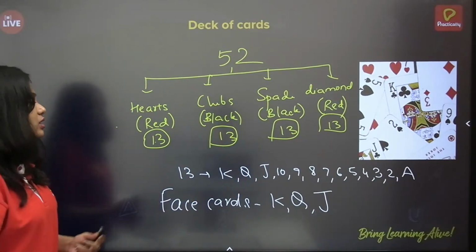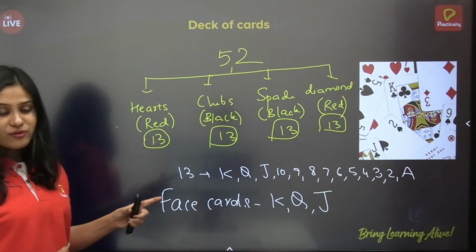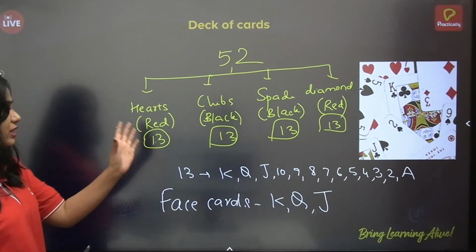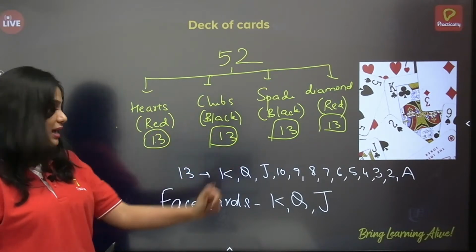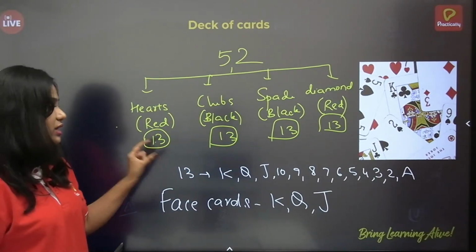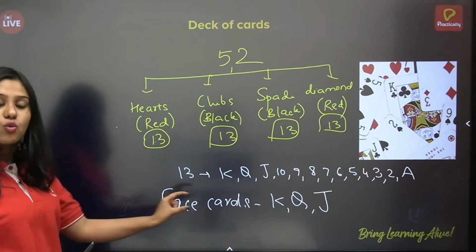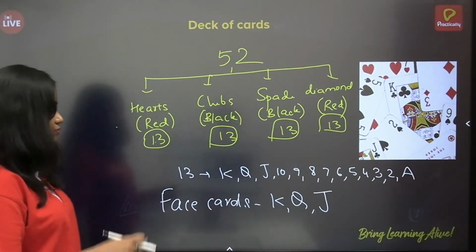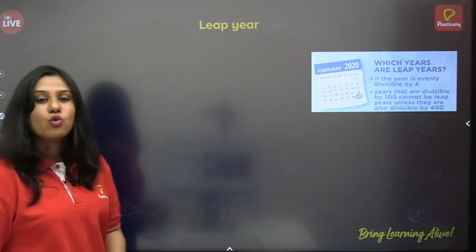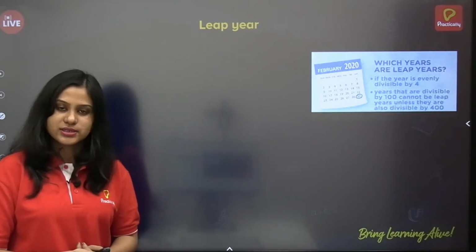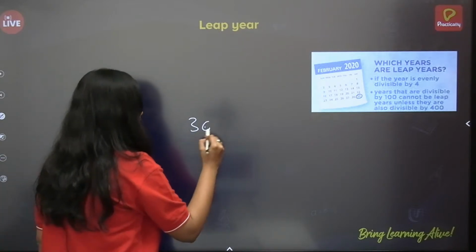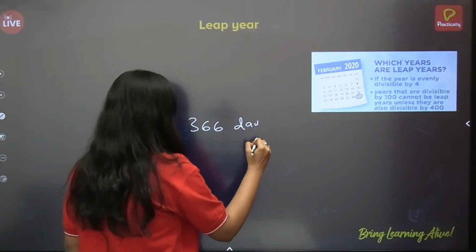Okay, so this is about a deck of cards. You know that there are 4 sets of 13 each, 2 are red, 2 are black. Next, you know what is in a set of 13 cards and what face cards are, correct? Next, leap year. What is a leap year? We know that it has 366 days, correct? 366 days.